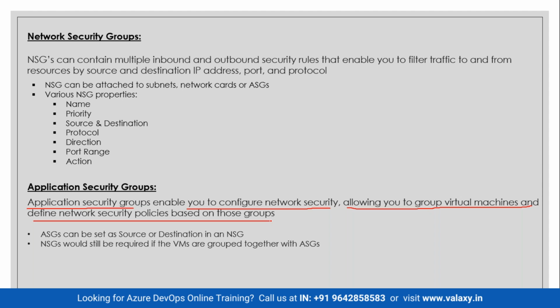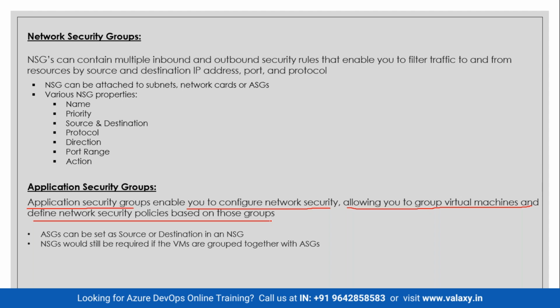So this is what ASG does. Now just think, in a company in real time, there could be n number of servers which will not have public IP. There's no requirement of public IP for those servers. These are all backend servers, guys.